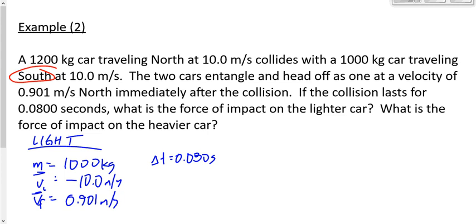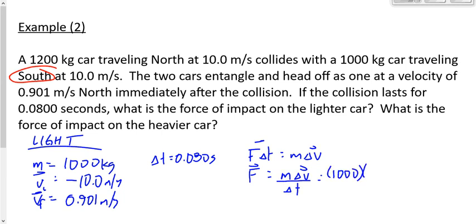Looking for the force, let's say F times delta T is equal to M times delta V. Let's use the mass of the light car, 1,000 kilograms, times delta V. Careful on this, 0.901 minus negative 10, which ends up being the same thing as adding.